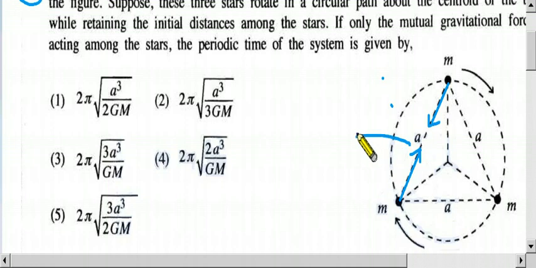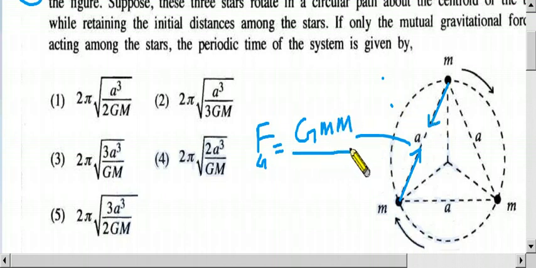So this one is the gravitational force. We can write the equation F gravitational force equals G m1 m2, both are m, divided by the distance squared, a squared.